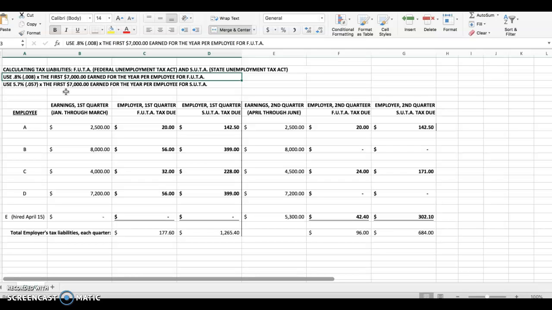But you need to remember that for the federal unemployment tax, this is not 8%, this is 0.8%, which converted to a decimal is 0.008, and that will be important. The state unemployment tax, for our purposes, will use a 5.7% amount, and that converted to a decimal is 0.057. And again, it's important mathematically to understand that conversion. And we'll look at some examples here.